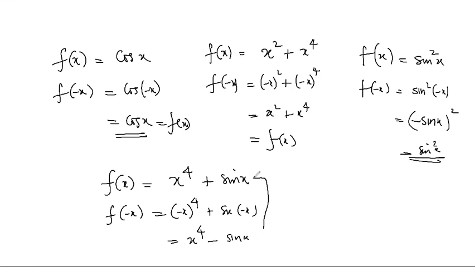There is no relationship between these two functions. You can neither call this f of x, nor can you call it minus f of x. Therefore, it is neither even nor odd. In such a case, we'll have to separate the integral and take this as even and this as odd, separately.